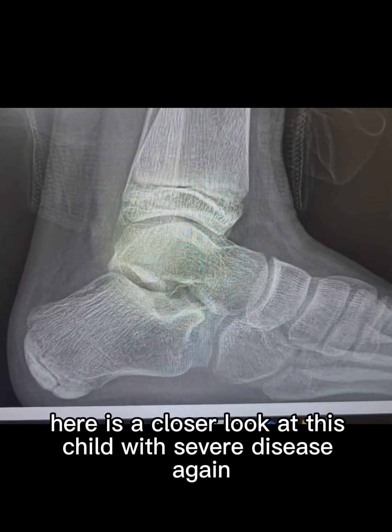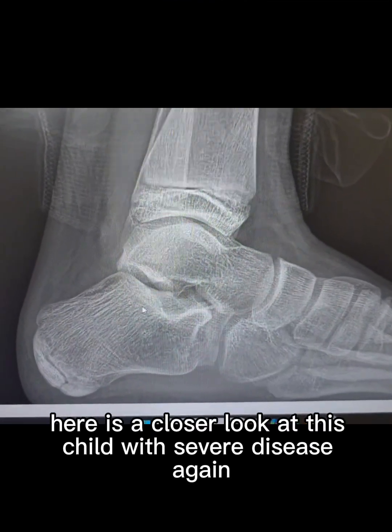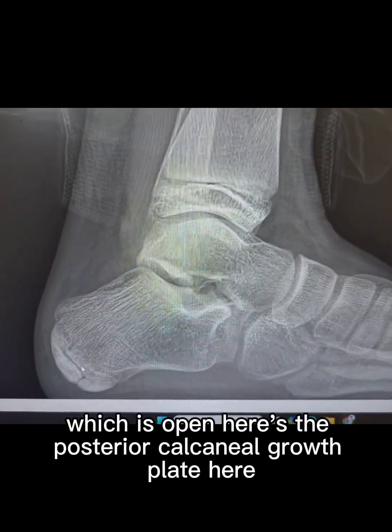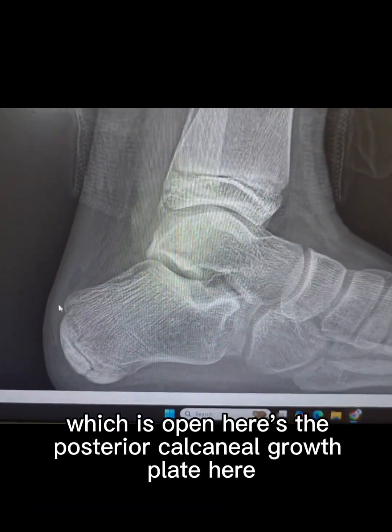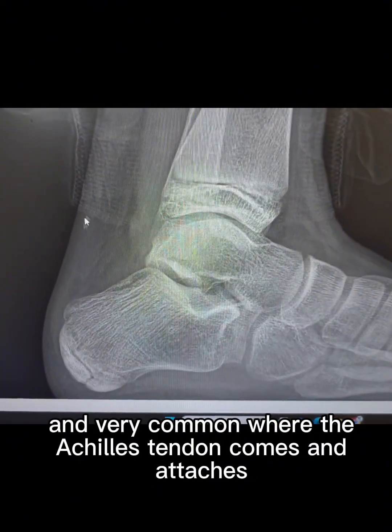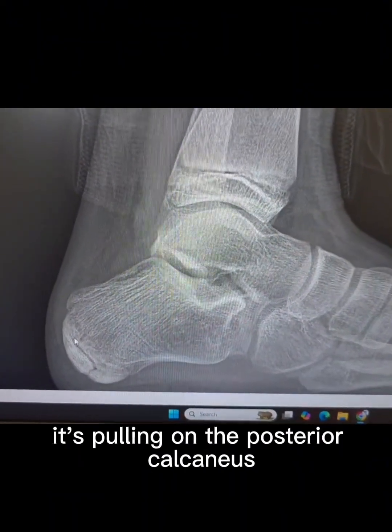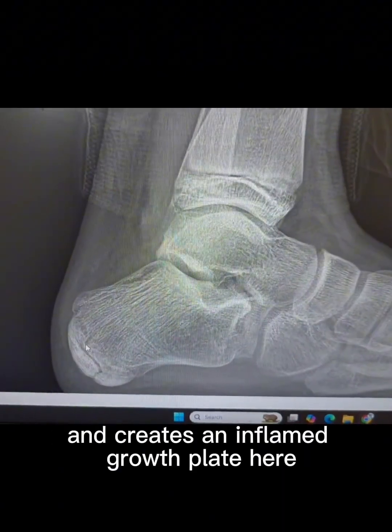Here is a closer look at this child with Sever's disease. Again, here's the tibial growth plate, which is open. Here's the posterior calcaneal growth plate here, and very common where the Achilles tendon comes and attaches, it's pulling on the posterior calcaneus and creates an inflamed growth plate here.